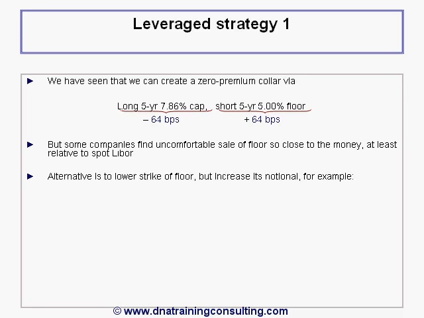An alternative is to lower the strike of the sold floor, which of course reduces the premium earned by the seller, but to offset that by increasing the notional amount of the sold floor.